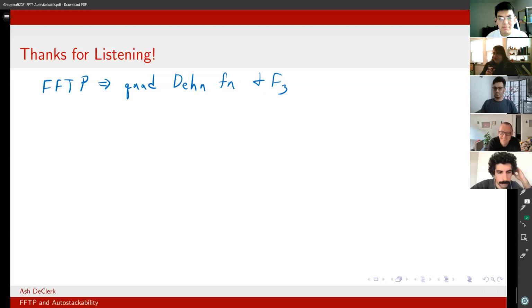The problem is regularity there. One of my fellow grad students at UNL and I have been trying to get some stuff with almost convexity and a weaker version of autostackable, but it's a bit tricky.